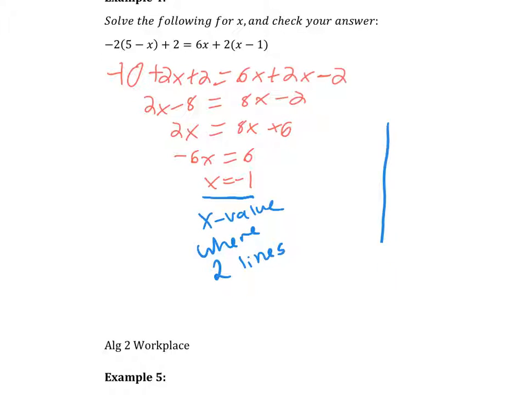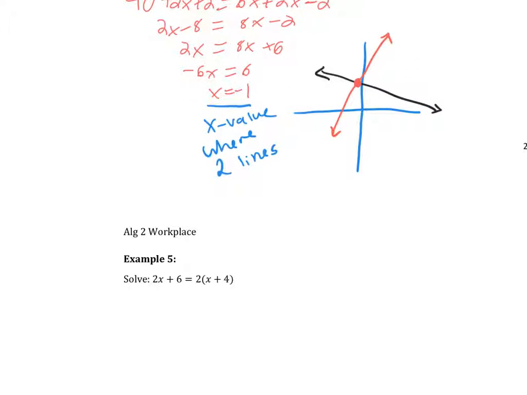So really, like we have our graph here, there's a line that's going this way, and a line that's going this way. And this is telling us at x equals negative 1, that is where those two lines cross. So when we're solving and we get x equals a number, that's because the two lines cross each other at that one point. Now, it is possible for us to have either no solution or infinitely many solutions when we are solving here.